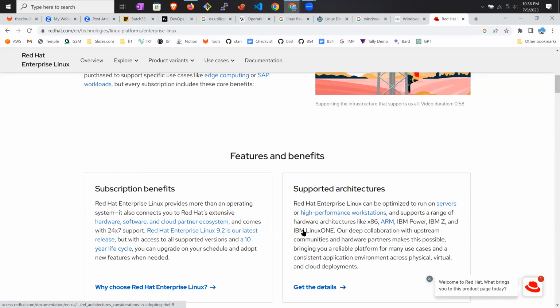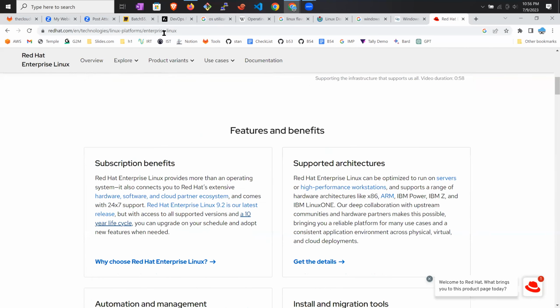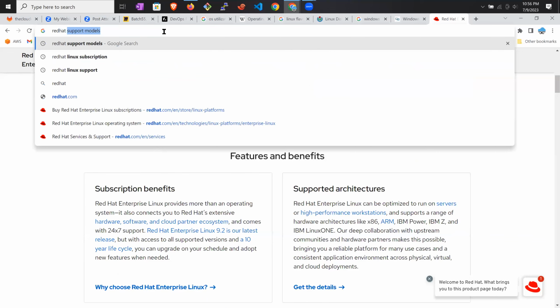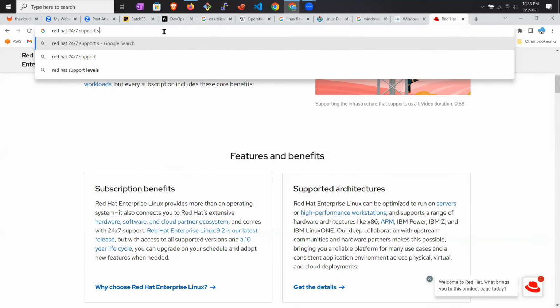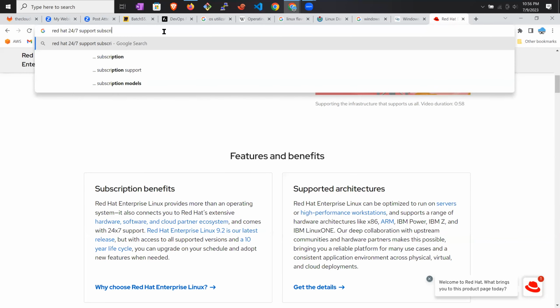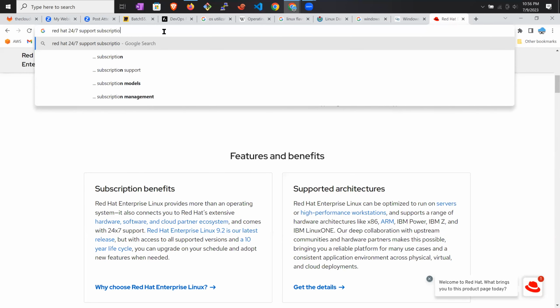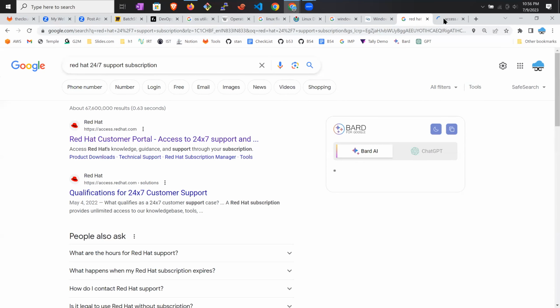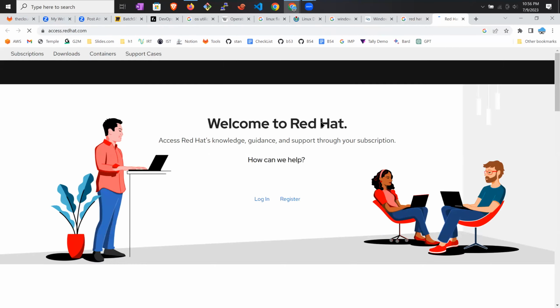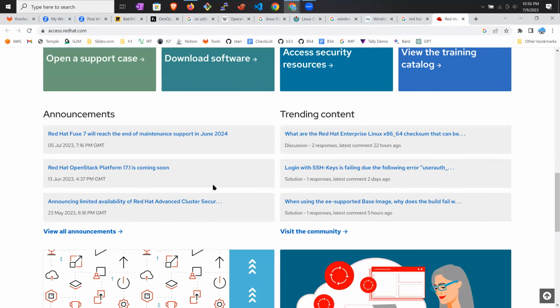Red Hat 24/7 support subscription. If you want support 24/7, you need to pay this much. Okay. If you want to have only weekday support, you need to pay this much. Like that, it will be there.